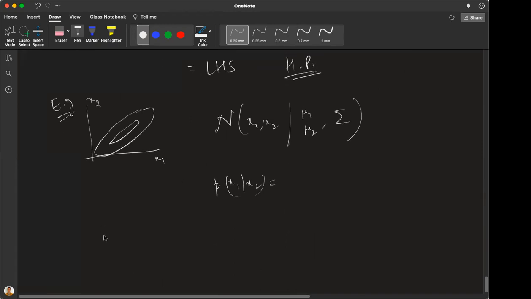How will you verify if the samples follow this distribution? You can find the statistics, the mean and variance. Yeah, that is one possibility.